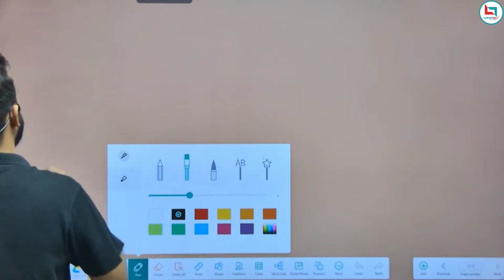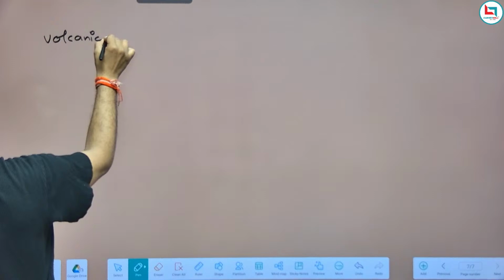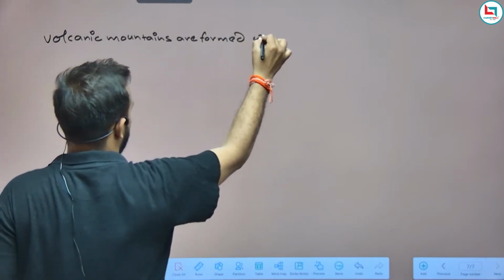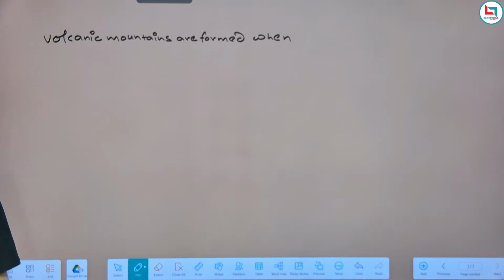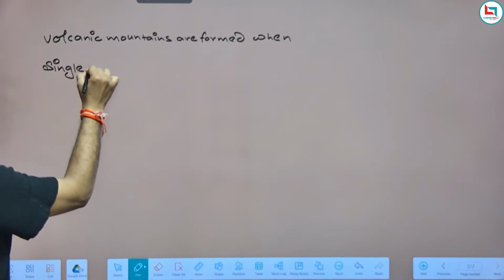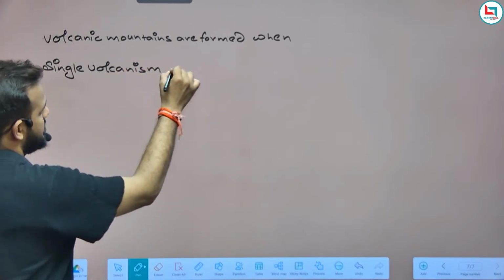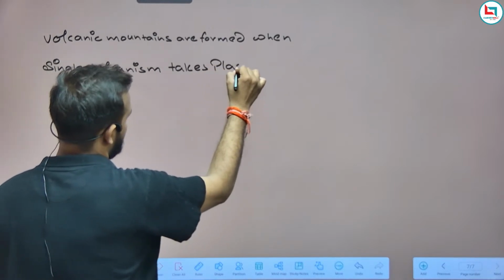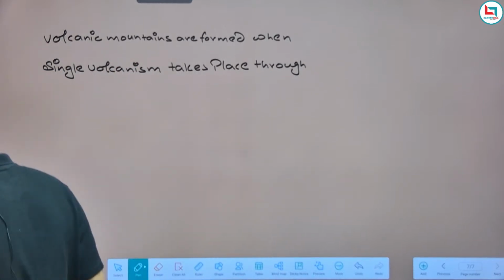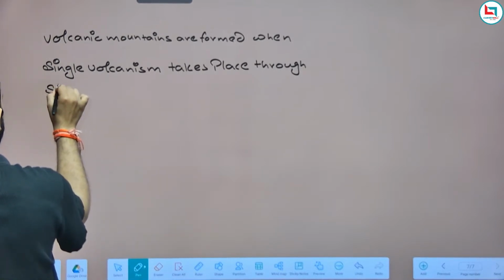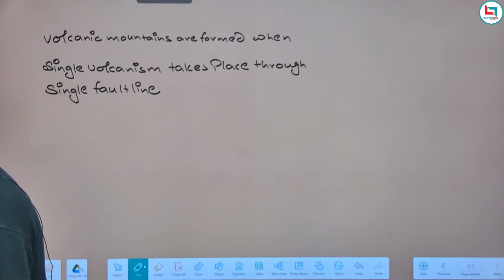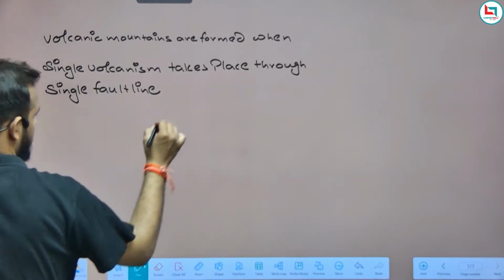Write down this thing. That volcanic mountains are formed when single volcanism takes place through a single fault line, and there is upsurge of acidic lava.